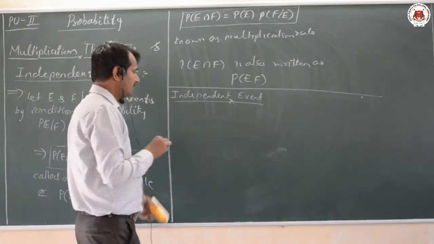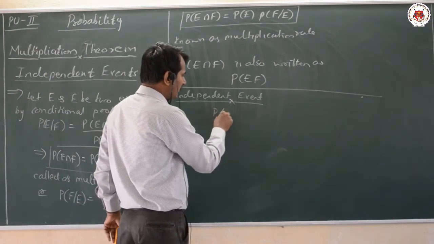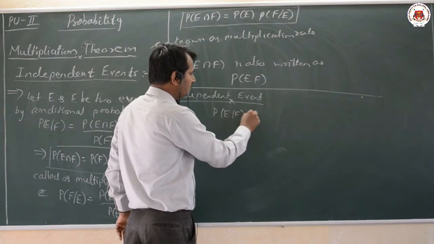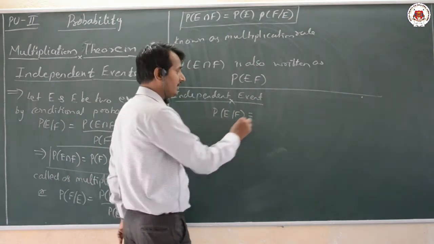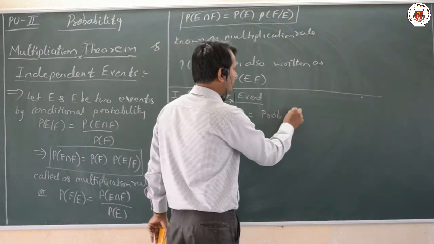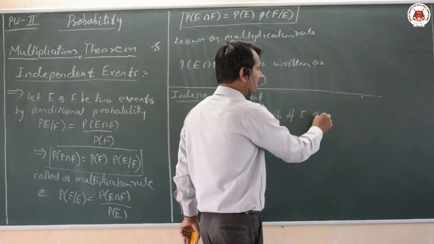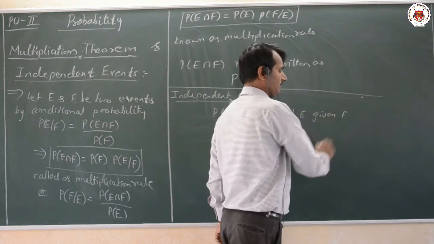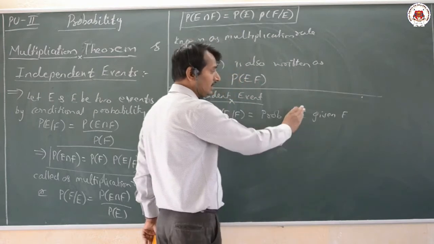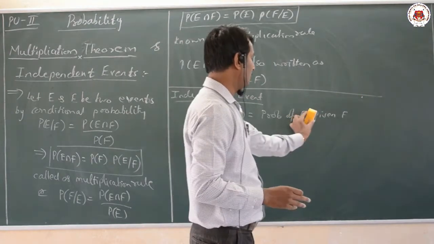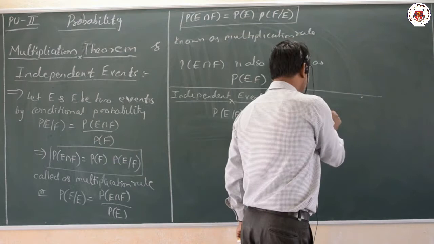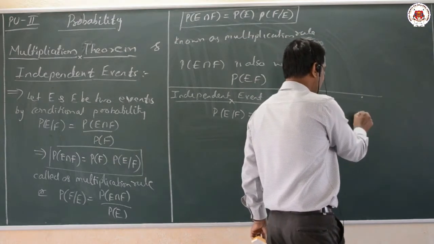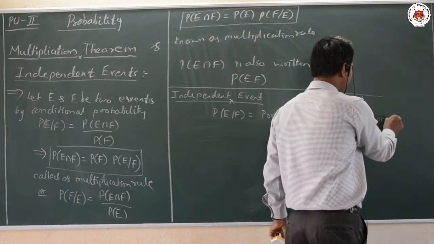What we have now is P of E bar F. Dear students, what do you mean by P of E bar F? That is nothing but the probability of E given F, or the probability of E, already F has occurred. What do you mean by that? Already F has occurred.